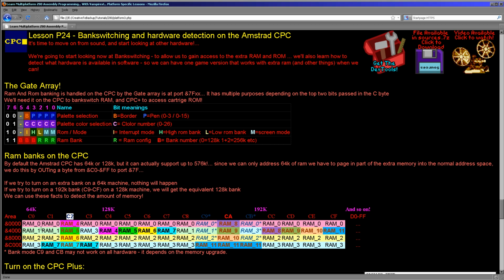If your game or your program is running at 8000 and you switch to this mode, the next line of code will have vanished. So you would actually have to switch that bank in here, prepare it with the code so it could continue correctly, then page this in so that the program counter will actually see valid code next. So that's a very clever, powerful function, but if you're a bit uneasy on it, I'd suggest you just steer clear of it.